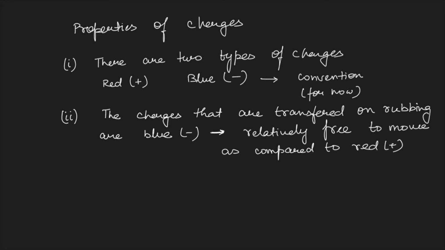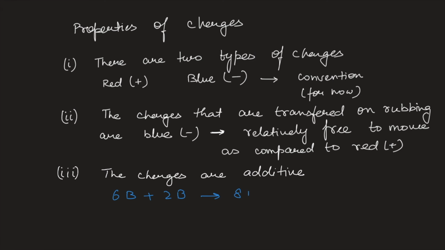The third important concept is that the charges are additive. So you can fundamentally add them. That is, for example, if you have let's say 6 blue charges plus 2 blue charges, you will have 8 blue charges.